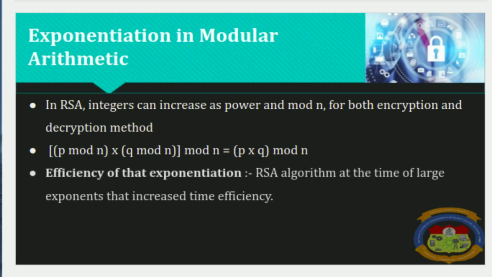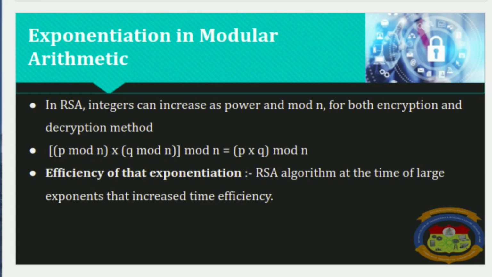So the main consideration is the efficiency of the exponentiation, because when we use the RSA algorithm with a large exponent, the time cost might increase. We can take one example of exponentiation. Suppose we want to compute x to the power 15. With the regular straightforward approach, we require 14 multiplications, that is, x multiplied 14 times.